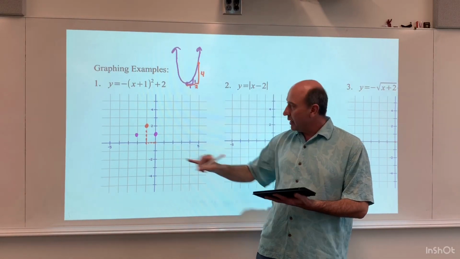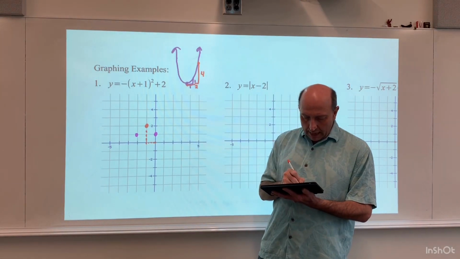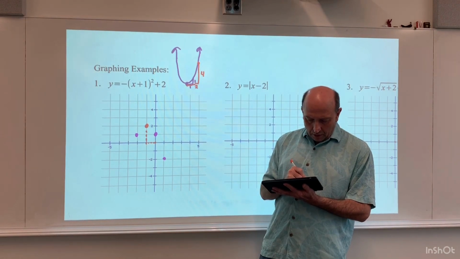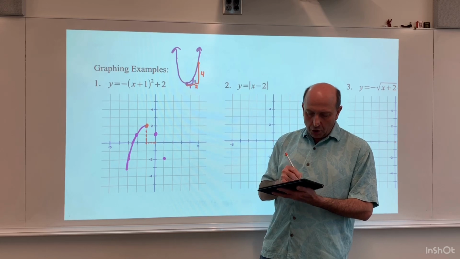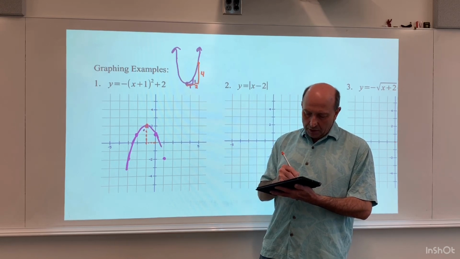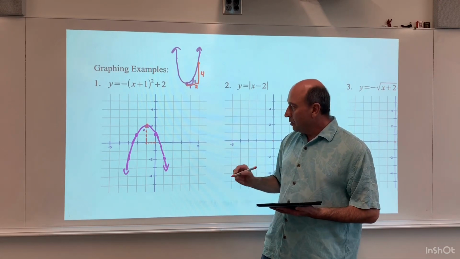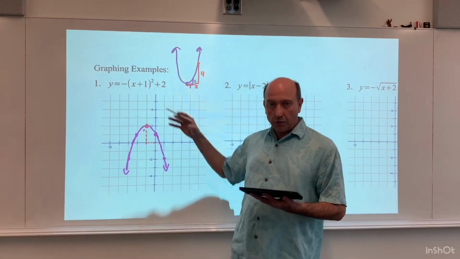And it does the same thing on the other side, back 1, down 1. And over 2, down 4. So there's my parabola with no table needed. Now, if you're not sure of something, you can double check this with a table. Like if you plug -1 in, you should get 2. We could try that to double check it.